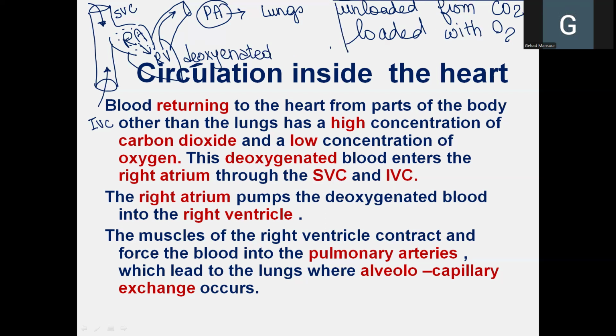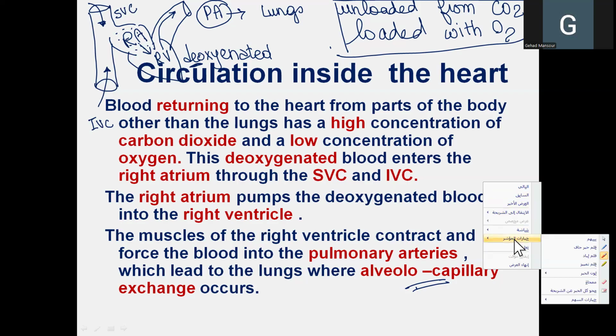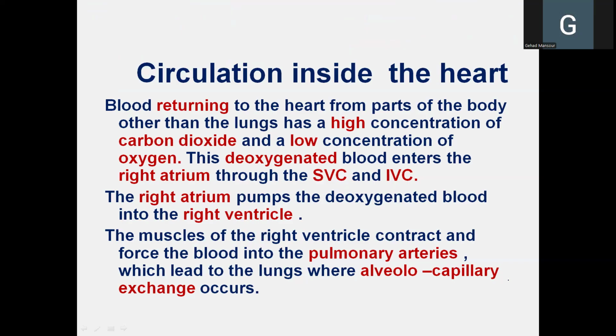This process that occurs in the lungs to unload carbon dioxide and load oxygen is what we call the alveolo-capillary exchange, because it occurs due to an exchange between the air sacs or alveoli and the blood capillaries of the lungs, as we will be seeing on the next slide.